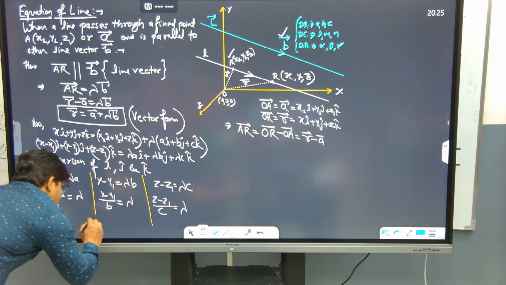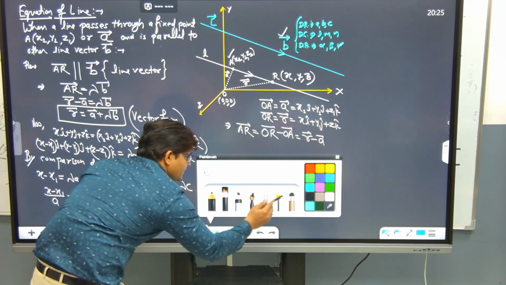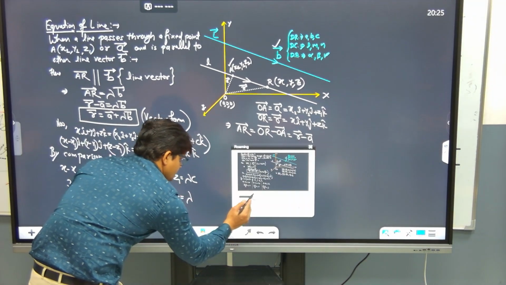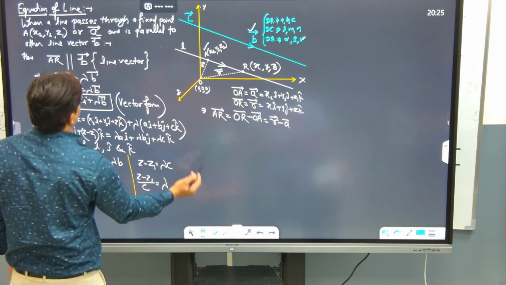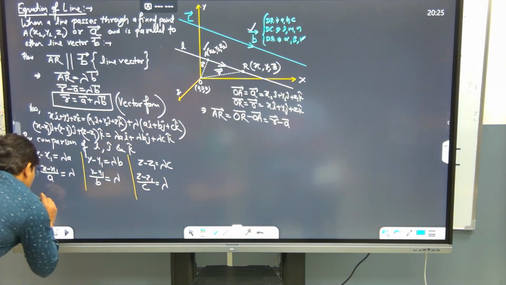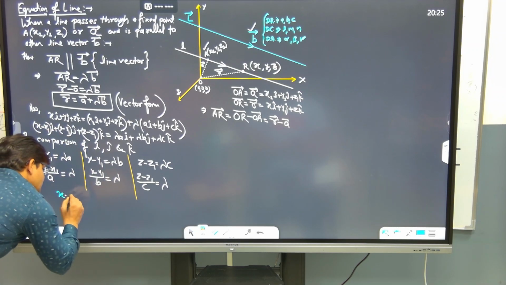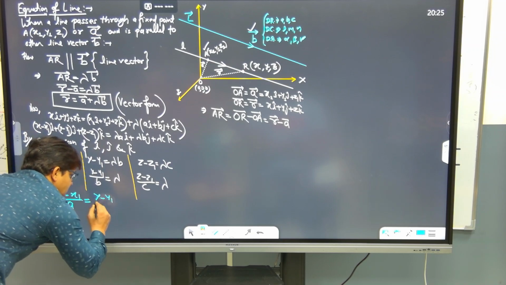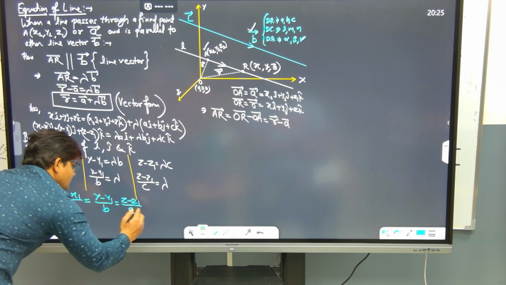So from 1 to 3 we can write this value x minus x1 by a equals y minus y1 by b equals z minus z1 by c.